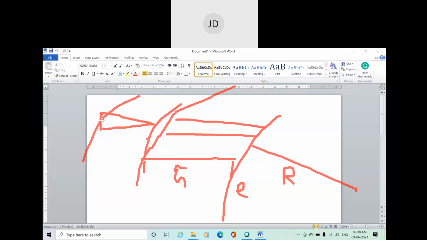That means the outer rail is raised by about this elevation. This will be your super elevation. This amount is raised with respect to the inner rail. So these things also matter. So the safe speed of a particular train depends on the gauge of the track, the radius of the curve, and the amount of super elevation provided.